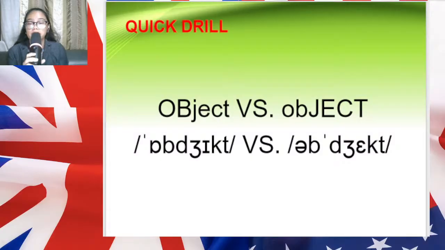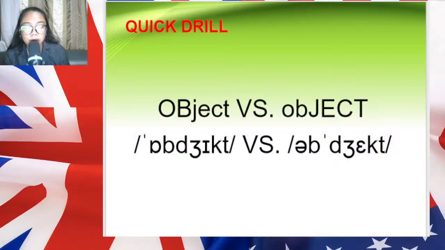Again, object, object. So it's spelled the same both ways, but depending on how we stress the word, the meaning and function totally change. When I'm referring to a verb, meaning I am trying to disagree or to say no, which of the two versions do you think I am referring to? The one with the first syllable stressed or the second syllable stressed?